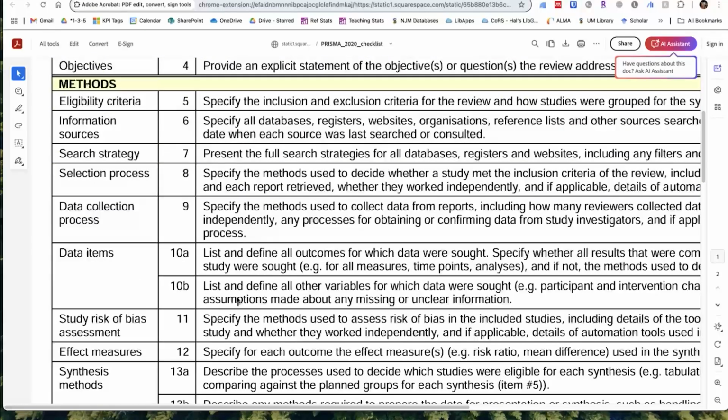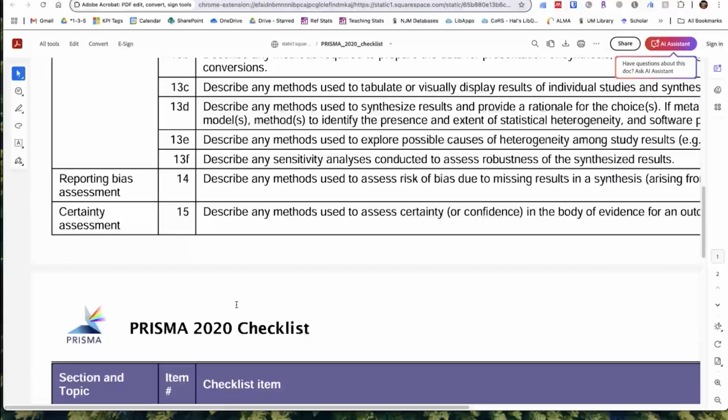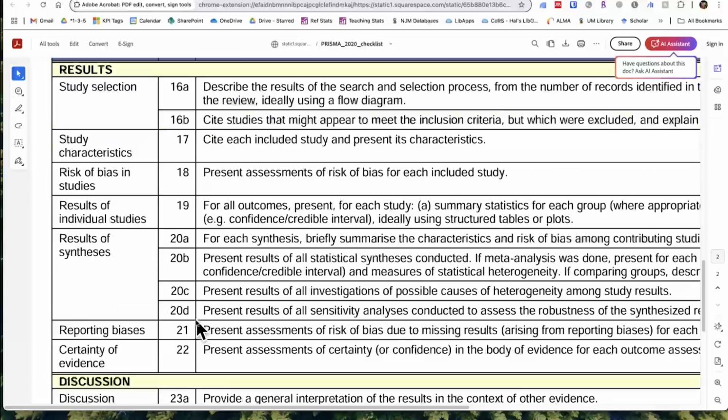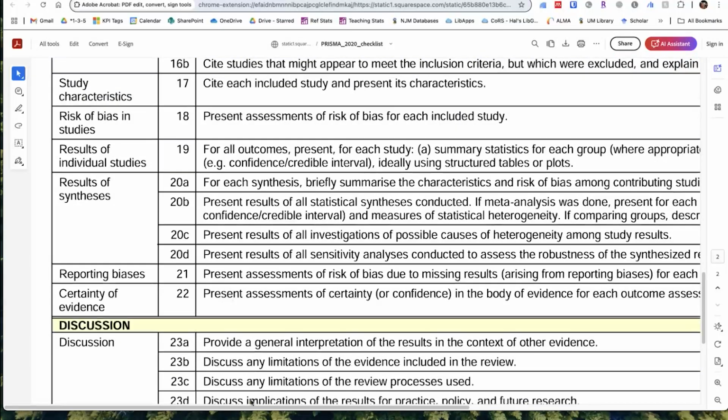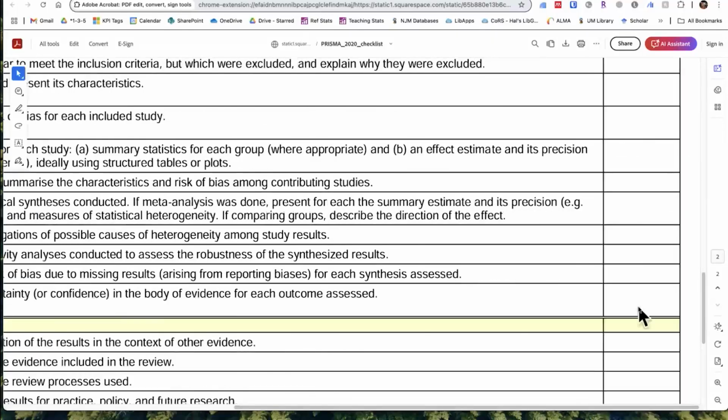Step by step, this is what you need to include in your methods. This is what you need to include in your results section. You need to check them off. And when you write up your paper, only if you have checked off these things can you say that you used PRISMA reporting guidelines for your study.